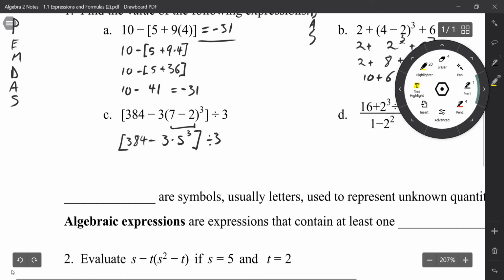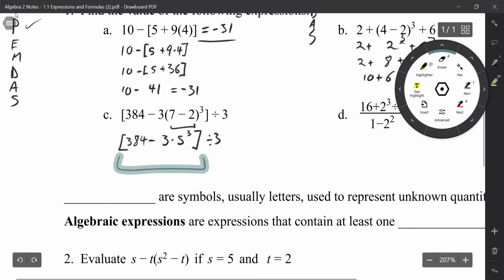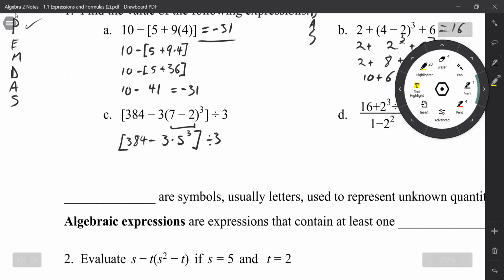So we've already done this one parentheses, kind of. We still have another set of parentheses here, but as far as everything within this bracket, there's no more parentheses. So now we can start dealing with exponents. Are there exponents? Yes, there are. 5 to the third. And again, that's 5 times 5 times 5. If we look up here.